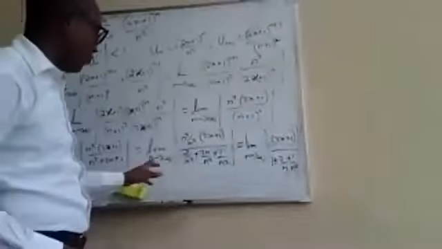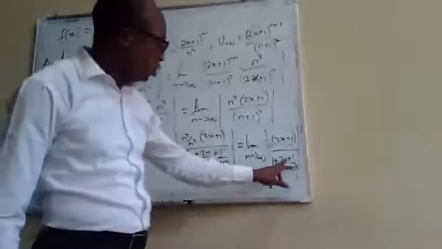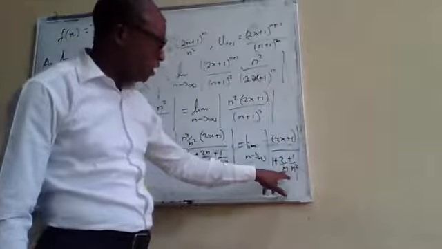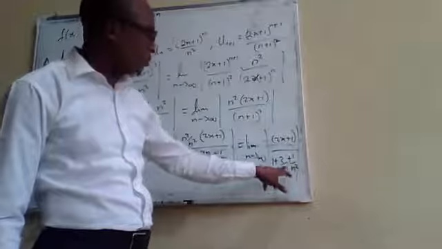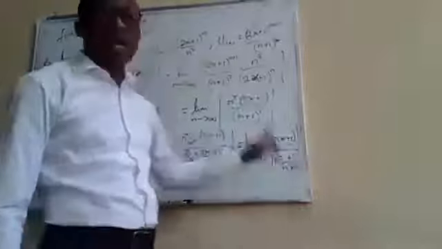Substitute your limit as n tends to infinity. Any number you divide by infinity will give you 0. So this one gives 0, this one too gives 0, so adding everything together, that will give you 1. So at the end, it's now giving us (2x+1) over 1.